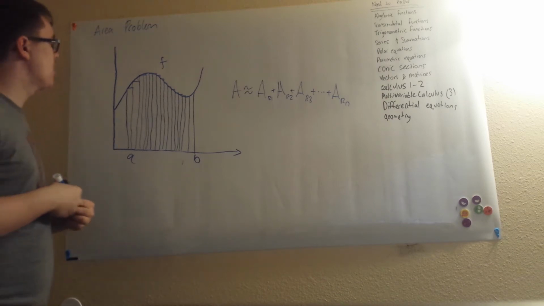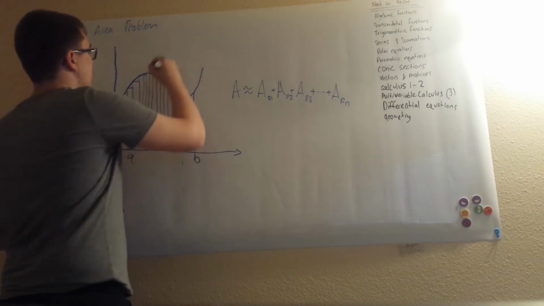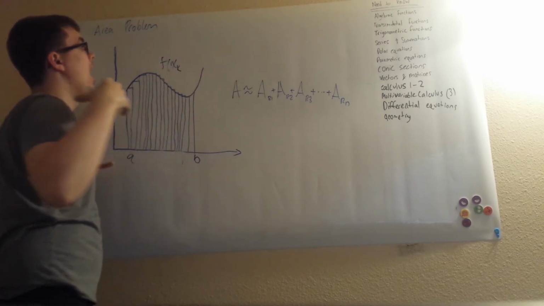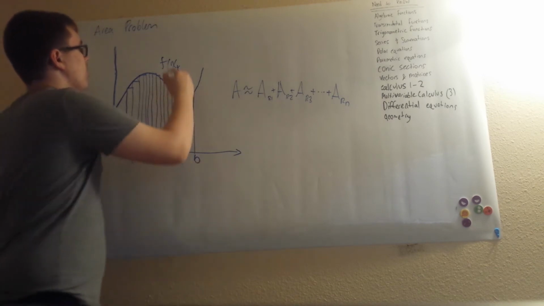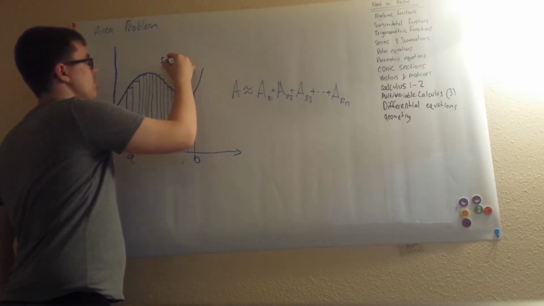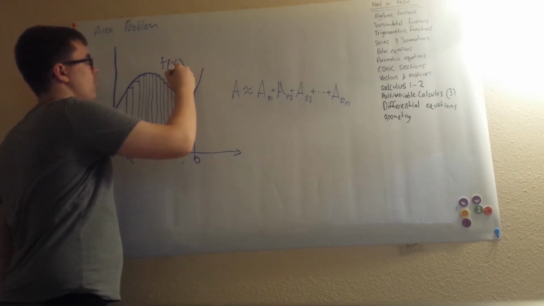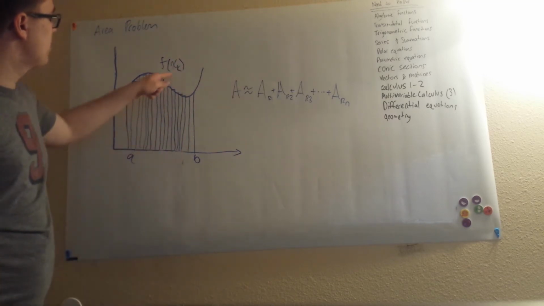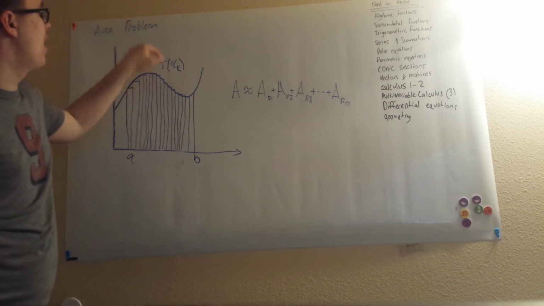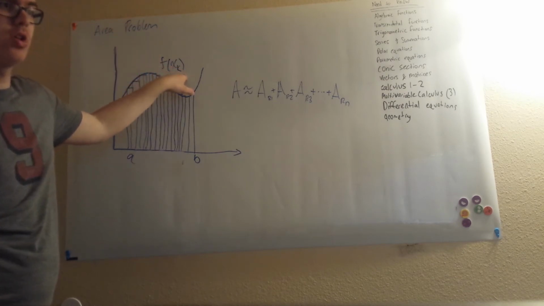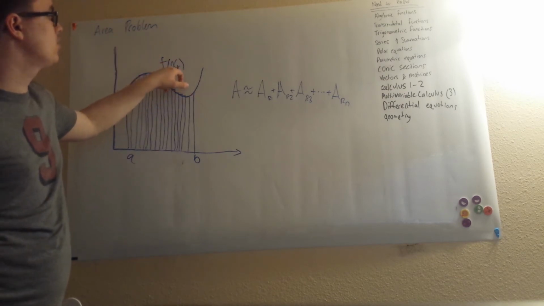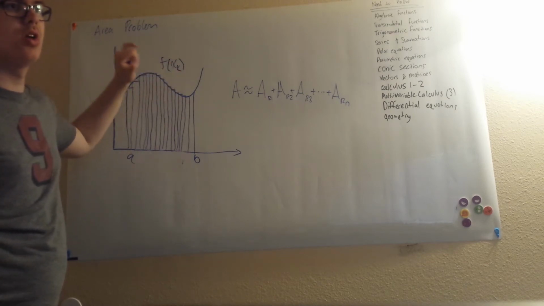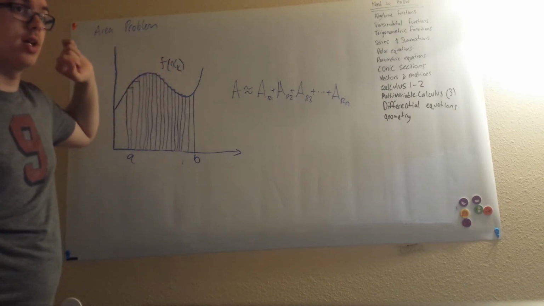So if our width is delta x, and the height of each rectangle is just the function height at our x position of the kth rectangle. So if we put in k equals 1, the height of our first rectangle will be the function value at the x position of the first rectangle, right?